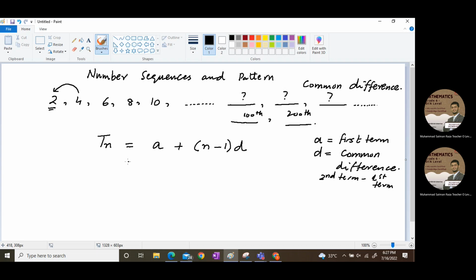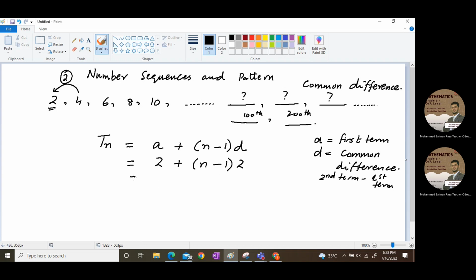So I'm going to put the values over here. A, what is A? The first term. And what is the first term? It's 2. So I'm going to write a 2 over here, plus n, be the number, minus 1. D, what is D? So 4 minus 2 is 2. This is the common difference. So I'm going to write it over here.